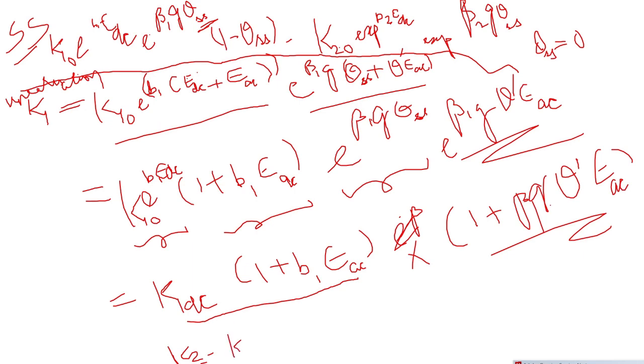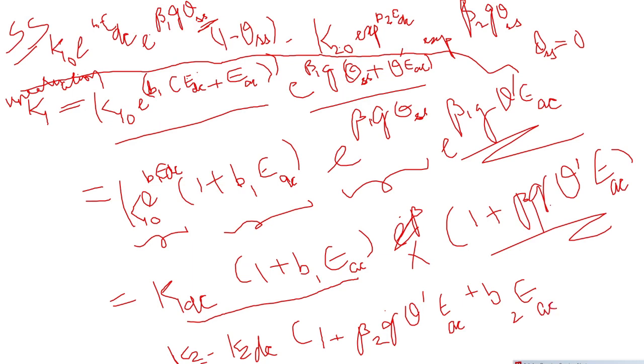it will be K2 DC times 1 plus B2 G theta dash plus B2 EAC. So I have written it in the simplified way. How simplified? I cross multiplied 1 plus B1 EAC into 1 plus B1 G theta dash.